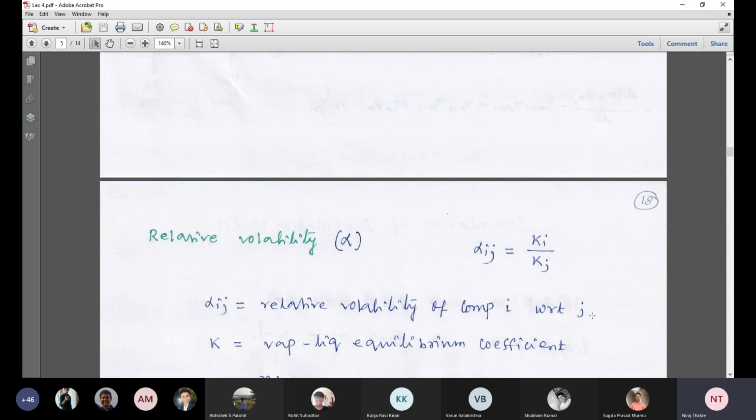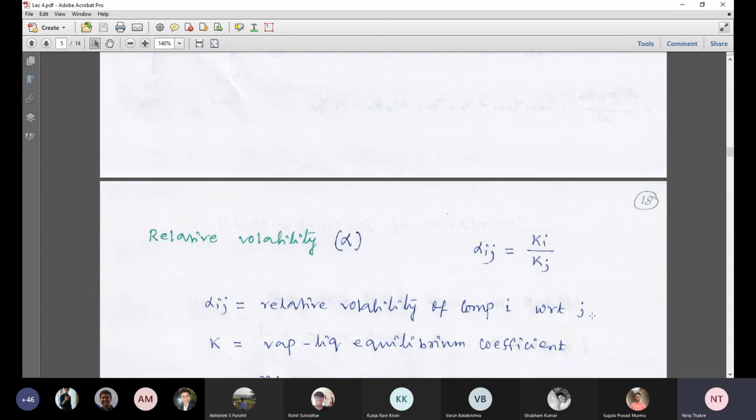If you recall the tray, over a tray, vapor and liquid phases are in contact. So there are two phases over a tray, and they are at vapor liquid equilibrium condition. If they are exactly at equilibrium, then tray efficiency is considered 100%.